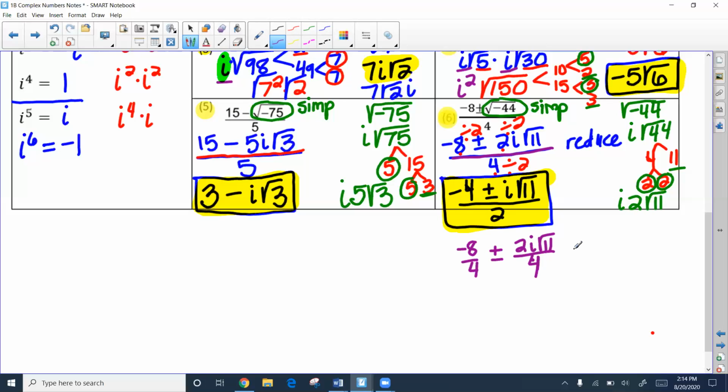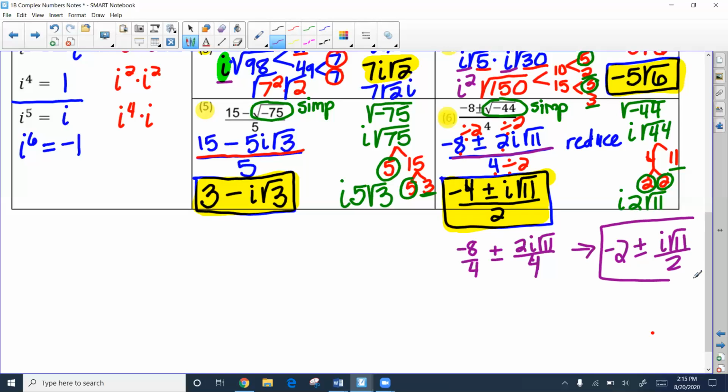The reason some people prefer this is because you might notice the negative 8 divided by 4 divides to give us a negative 2. The second part, the 2i square root of 11 over 4, doesn't divide, but it can reduce. The 2 and the 4 can reduce to a half, or 1 over 2. And so that part gives me i square root of 11 over 2.